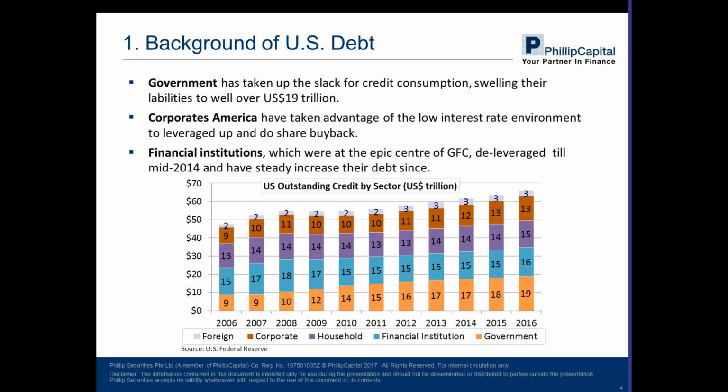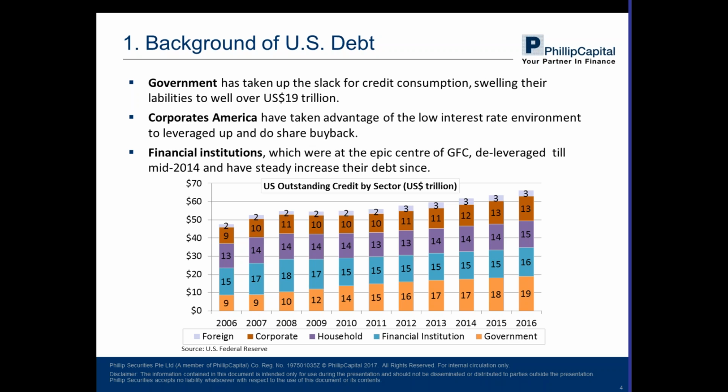Besides the government, we take a look at corporate America. Corporate America, denoted in the blue color bars in the bottom table below, has also been picking up its credit consumption. In fact, we all know what happened last year: a huge amount of corporate America took advantage of the low interest rate to borrow and do more share buybacks.